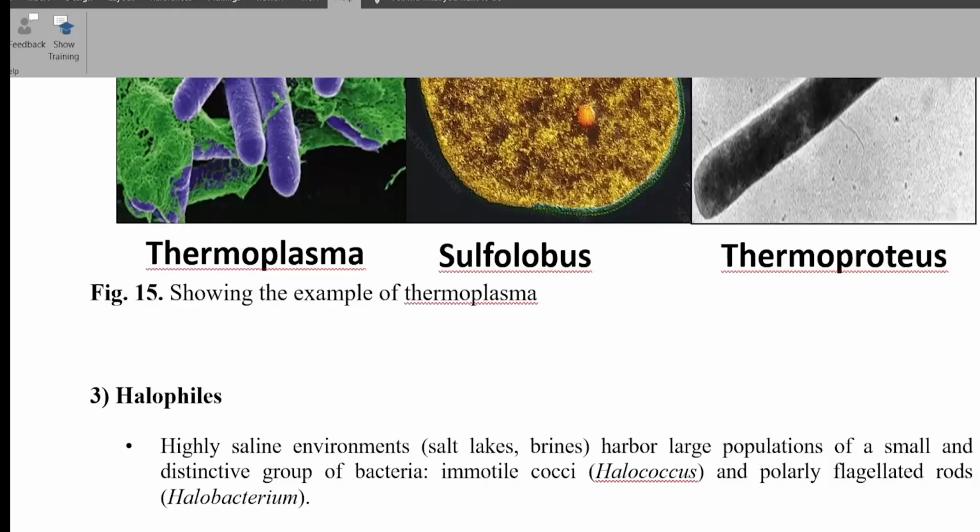They are popularly known as Halococcus, and they have a polar flagellated rod. They are known as Halobacterium. So this group of bacteria, known as halophiles, survive and grow in highly saline environments.